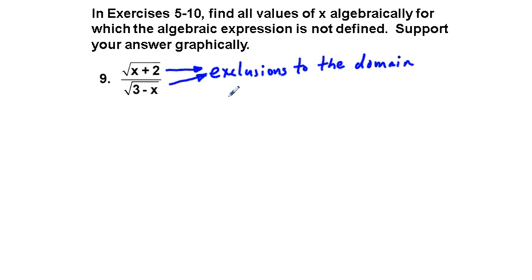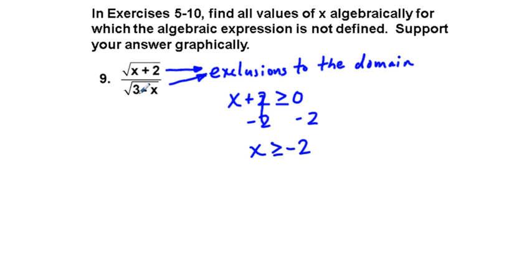And so, just looking at this, we know that we cannot take the square root of a negative number. So x plus 2 has to be greater than or equal to 0. In solving this inequality, we have x is greater than or equal to negative 2.